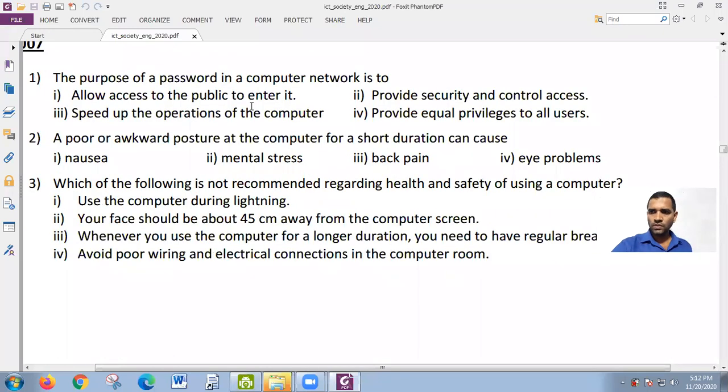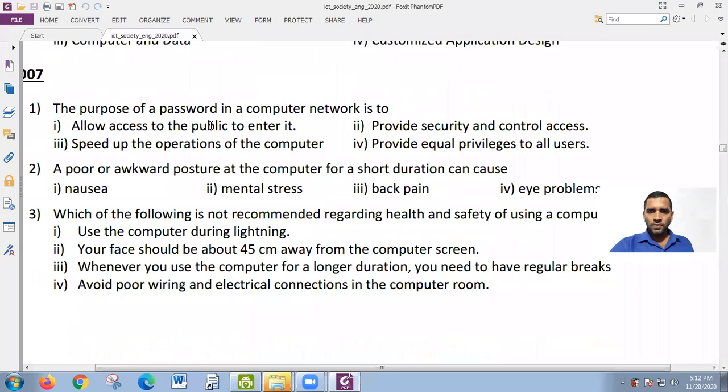Last one, 2017. The purpose of a password in a computer network is to: allow access to the public to enter it, provide security and control access, speed up operations of the computer, or provide equal privileges to all users. The purpose of a password in a computer network is to, what is it?